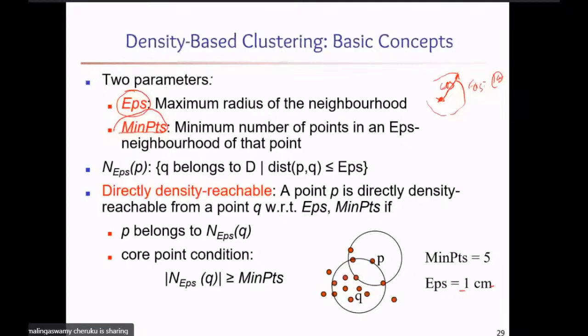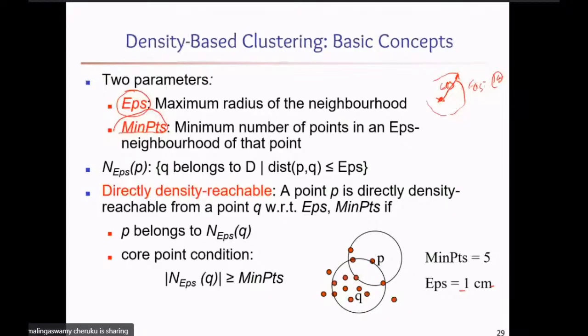with Q as a center and epsilon, which is the 1 centimeter radius, this is that circle. If I draw a circle with epsilon as the radius and Q as the center, where should this P be? P should be in the neighborhood of Q, either on the circumference or inside the circumference.